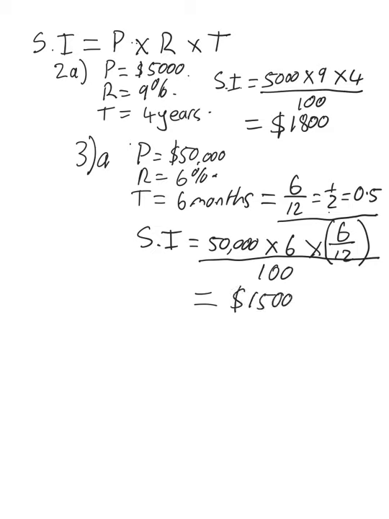Okay. Right. Now, question 5 has the same issues as question 3, except that the time is always 1 month. So, for example, 5A, we have P equals $1,500.